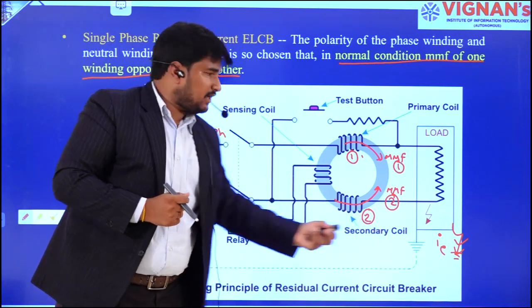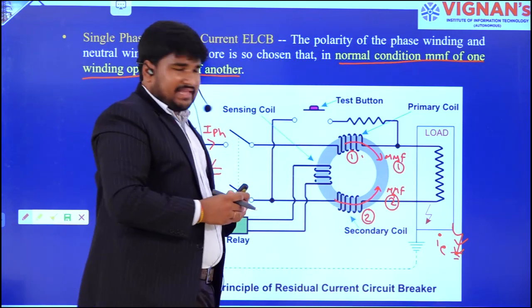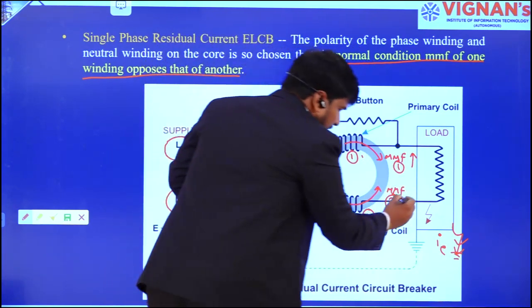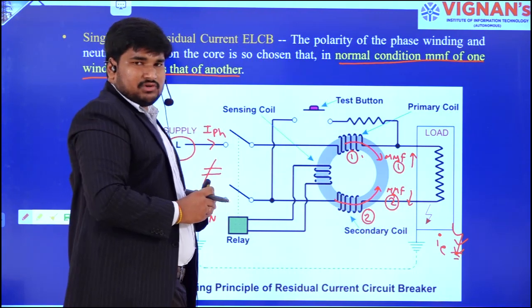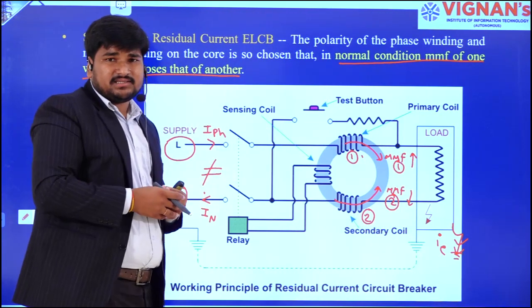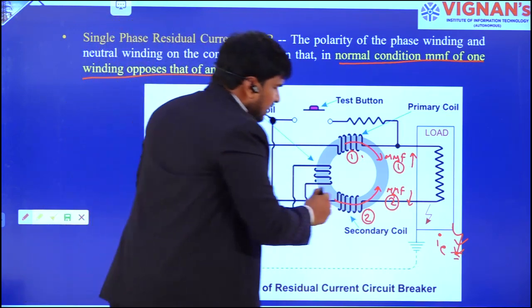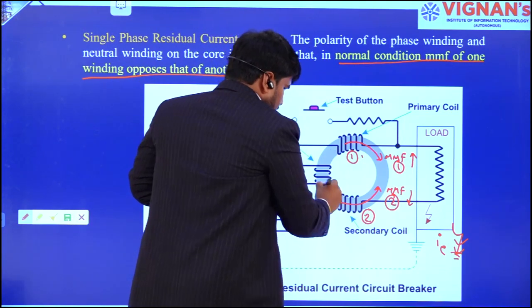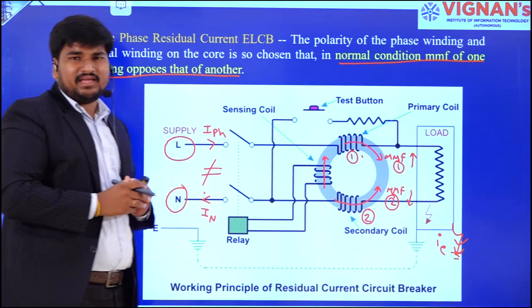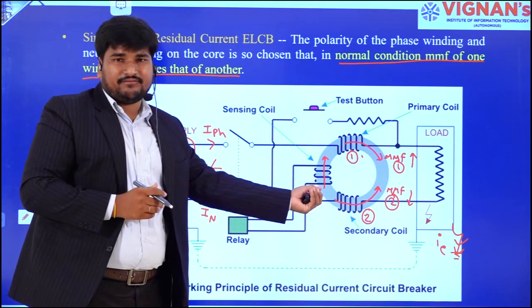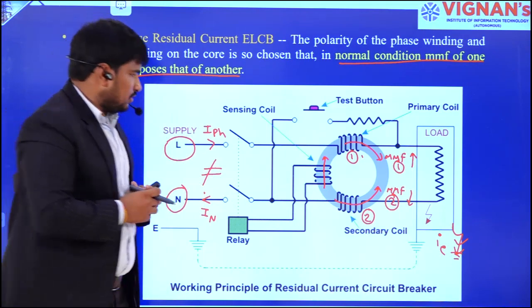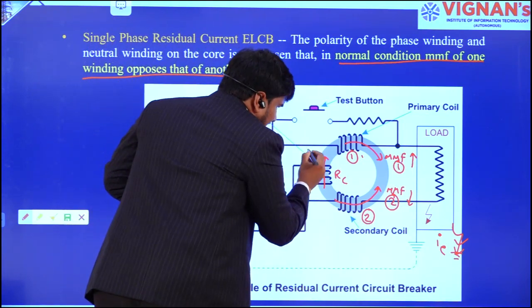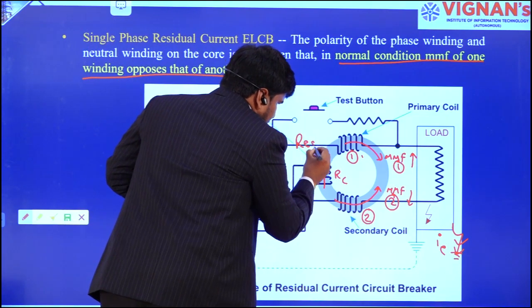During such conditions, the MMF of phase will be high compared to the MMF of neutral. Because of this difference, there is a flux which flows through the core. That means the resultant flux will flow through the relay coil which is wound on the same core. This is the relay coil and this is the resultant MMF.